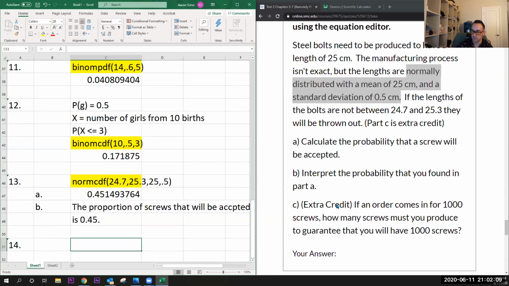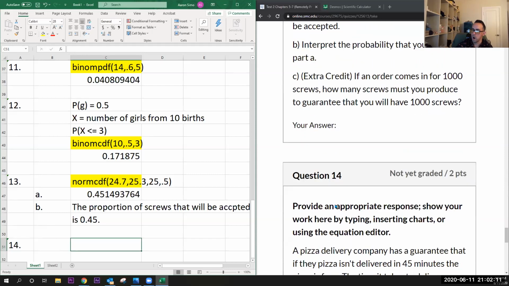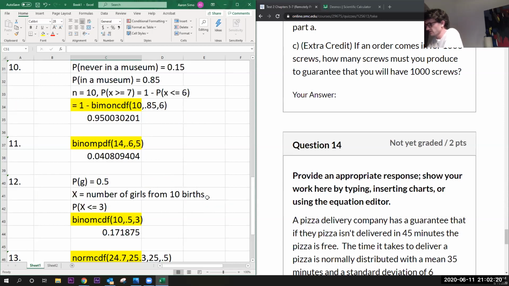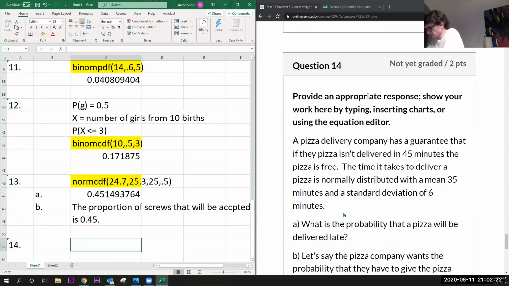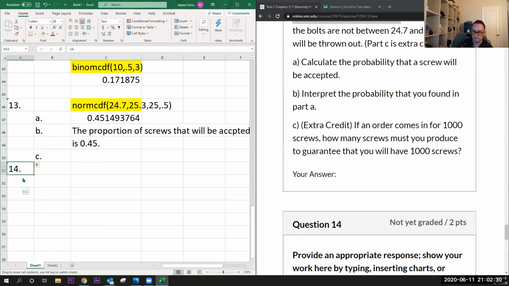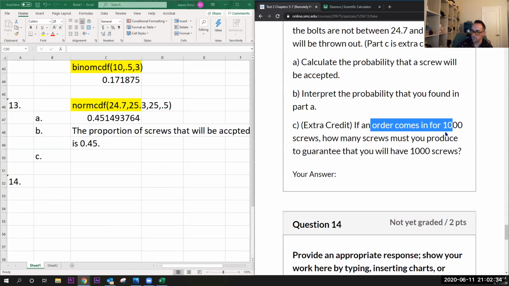I don't know if you want to do C. Do you want to do C or no? Wait, what's he asking? I was kind of confused how to do that. I'm not really sure how I did it on the test. What would you put in for that? For C, an order comes in for 1,000 screws.